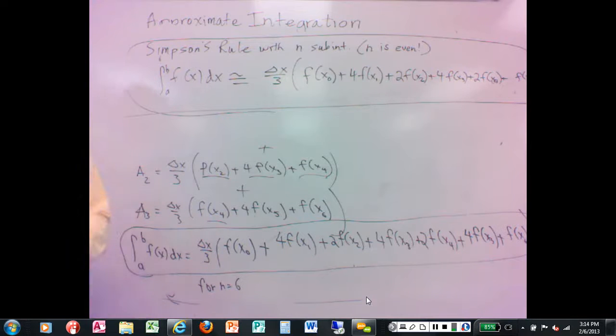Okay, so let's go to Simpson's rule for the previous one.